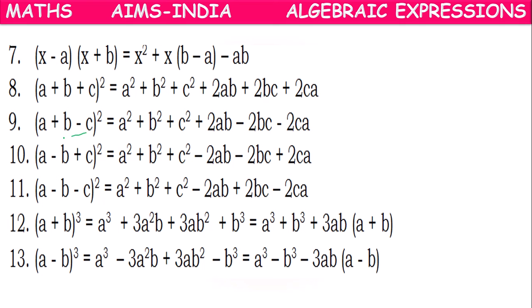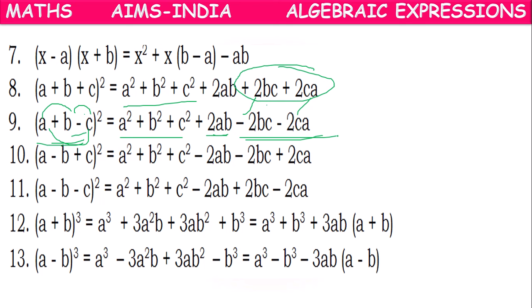Suppose in the LHS part, for the third term, for c, if you have minus, there will be no change in the first 3 terms. In the product of 1 and 2 also no change, but product of 2 and 3 will become minus, product of 1 and 3 will become minus. Means the terms which have that term will become minus.